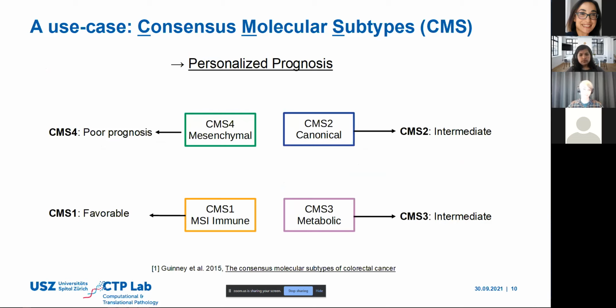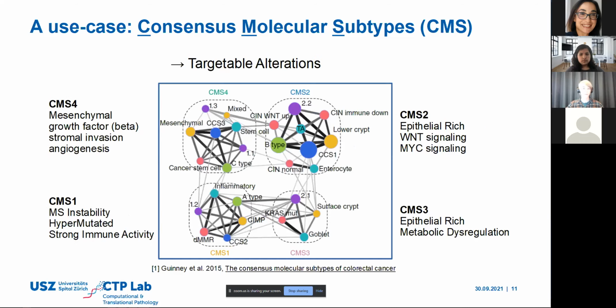For instance, CMS1, which is a more immune-rich case, will have a favorable outcome for patients. On the opposite side, the CMS4 group consists of more aggressive tumor types. And the good thing with those markers is that they are associated with specific pathways that consist of targetable alterations for which there might be optimal treatments.